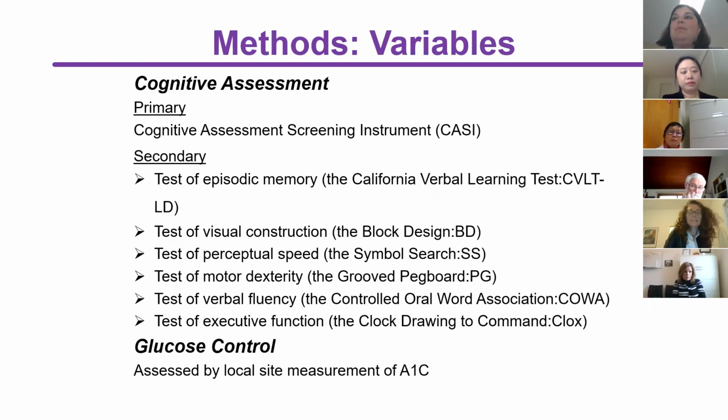Participants underwent extensive cognitive testing. The primary outcome was the change in the CASI score, a measure of global cognitive function, and also domain-specific tests as shown here. Glucose control as assessed by the A1C was measured at each site.